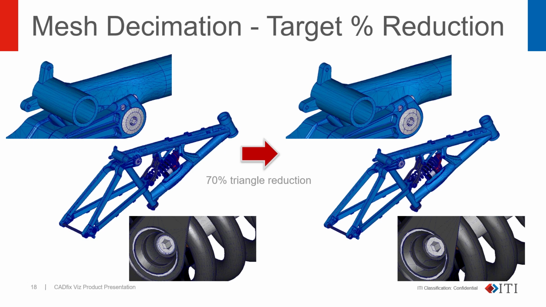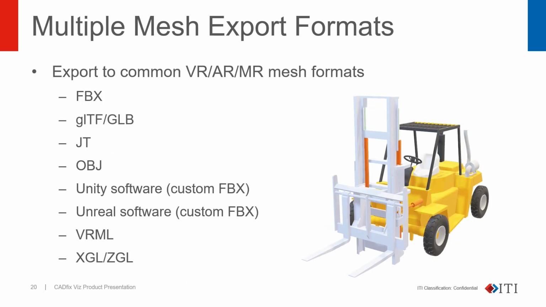So this is an example of the percentage reduction. You can see the difference if you look at the mesh and how it's more dense on the left-hand side. And we've specified a 70% triangle reduction from the original to the result. And then this would be an example of setting just a max count.